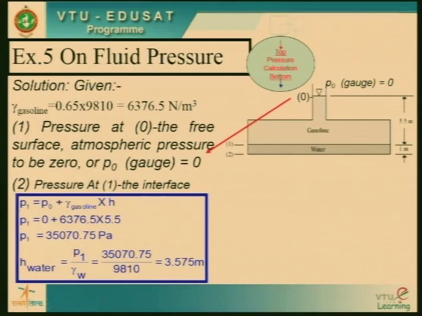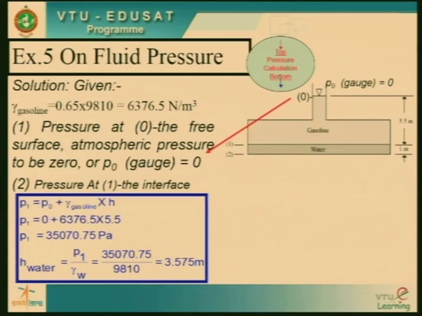If you see in this one, the P1, we are going to add P0 plus gamma gasoline into H. Initially on the top of the gasoline portion it is 0, open to atmosphere, it is a gauge pressure.